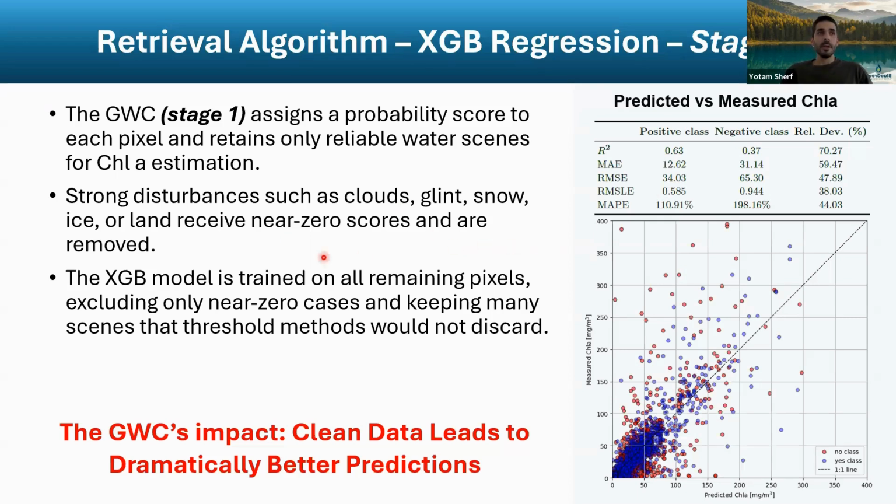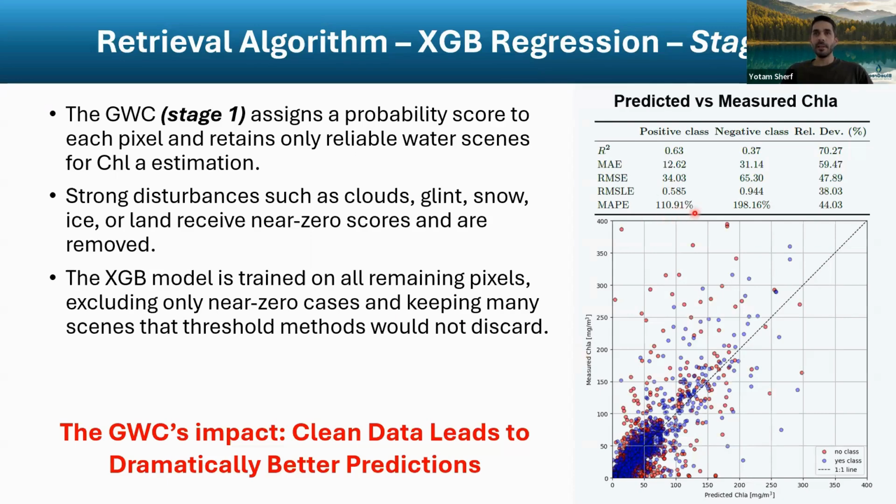In this plot, we made a comparison between the positive class and the negative class, excluding all near-zero cases. And we keep many scenes the threshold method will not discard. So what you see here is the impact of the Global Water Classifier, where blue points are assigned to the positive class and red to the negative.